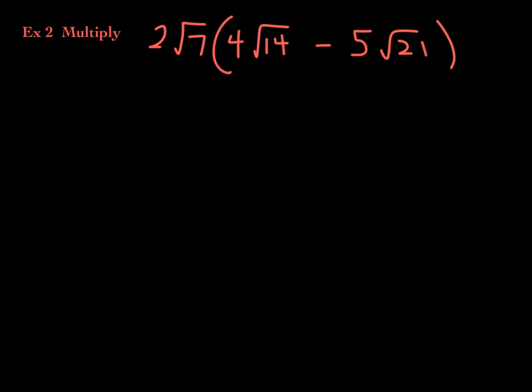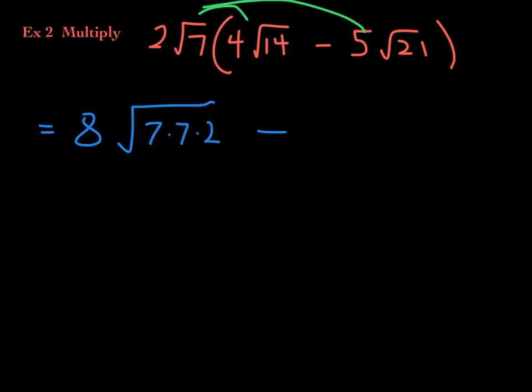So then I feel led to distribute the number on the outside. So what we're going to do is multiply 2 times 4, and that'll give us 8. Okay, and then I'm going to rewrite this as the square root of 7 times the square root of 14. 7 times, and then 7 times 2, all right? 14 is 7 times 2.